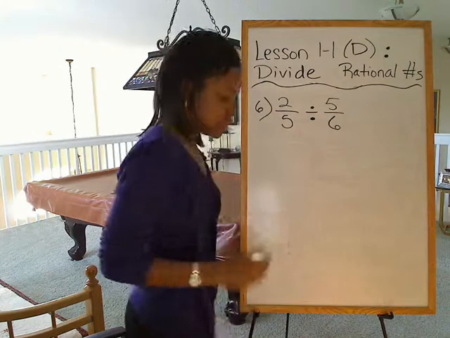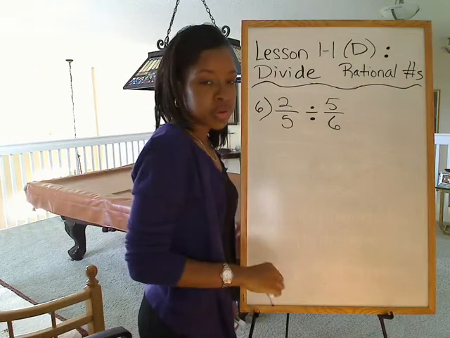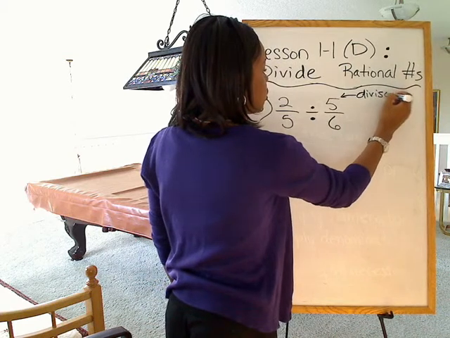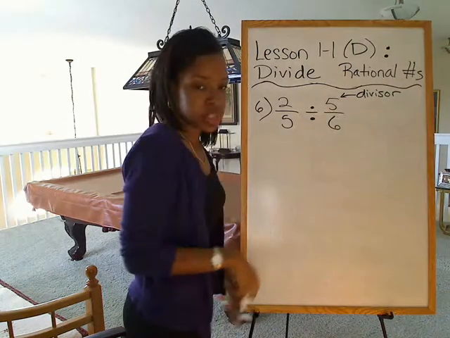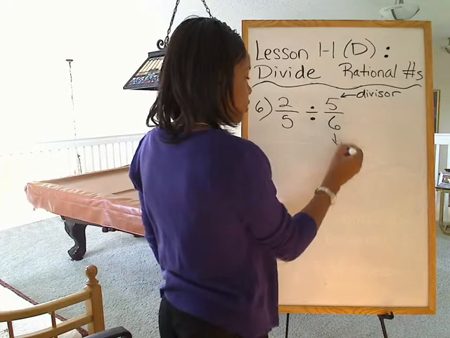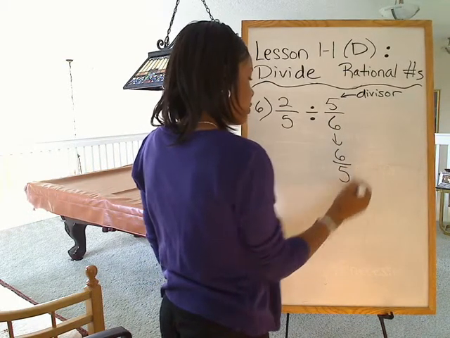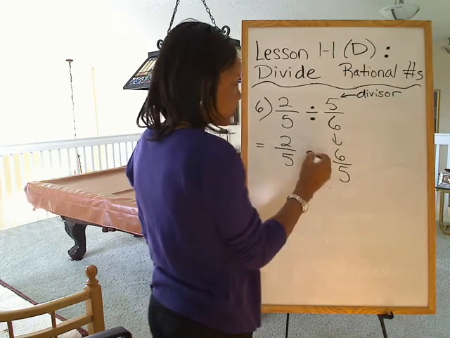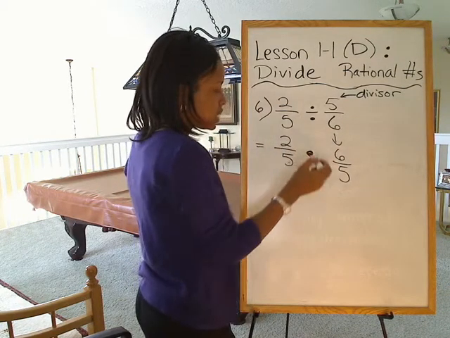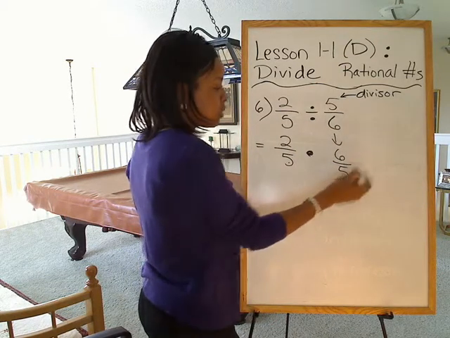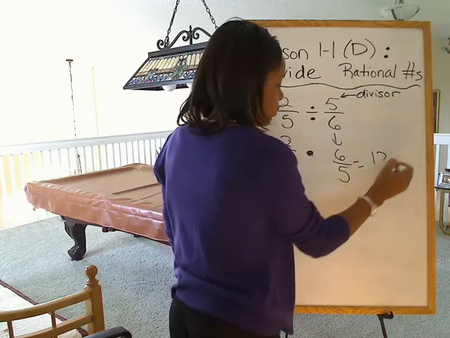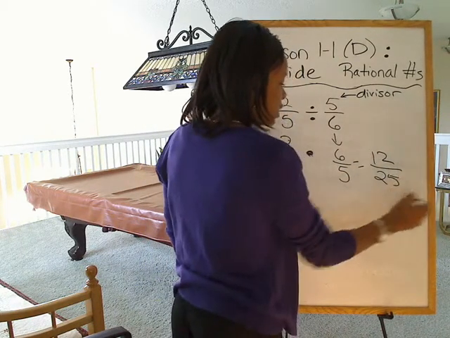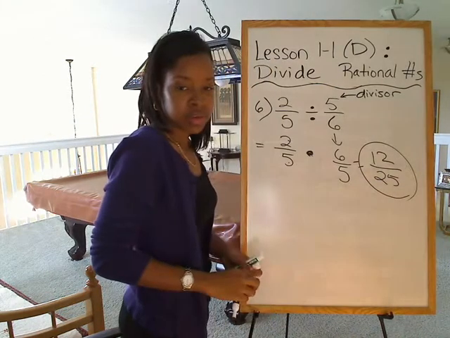So step 1, you find the reciprocal of the divisor. The divisor is the number that you're dividing by, the second number after the division sign. So the reciprocal would be 6/5, right? So you rewrite the problem as multiplication. Now you do 2/5 times the reciprocal, which is 6/5. 2 times 6 is 12. 5 times 5 is 25. And you cannot simplify, so you're done. 12/25 is your answer.